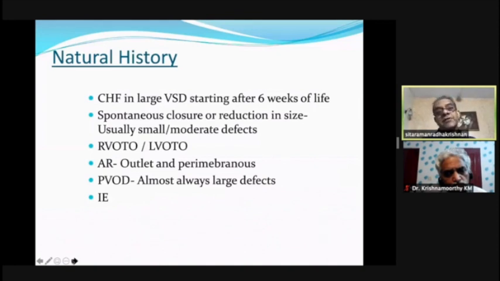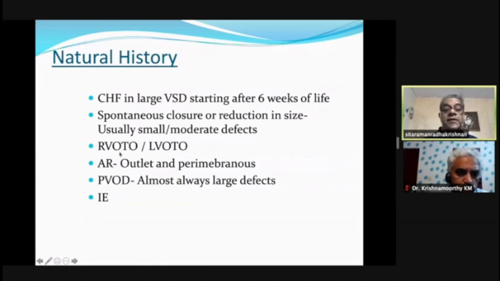What is the natural history of VSD? As I was already talking about the post-tricuspid shunt, CHF in large ventricular septal defects starts after 6 weeks of life. Spontaneous closures can occur, and it usually occurs in small or moderate defects, very rarely in large defects.